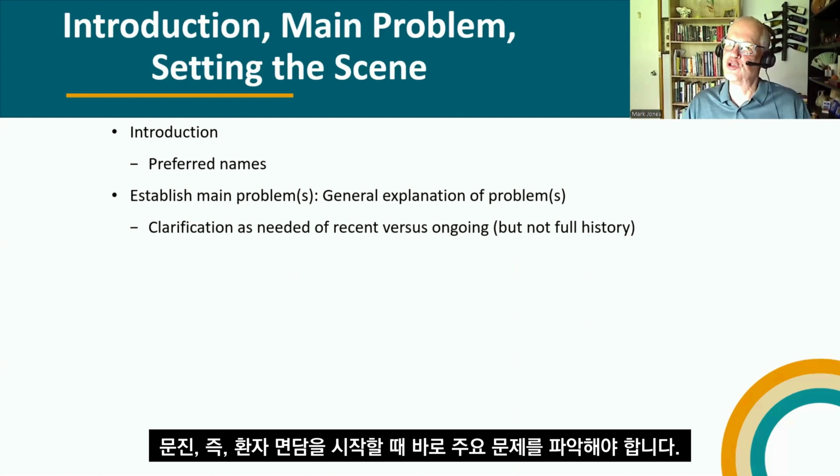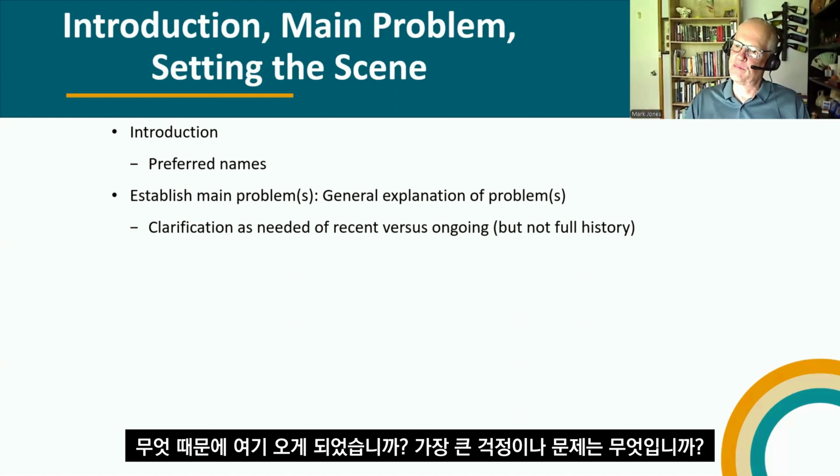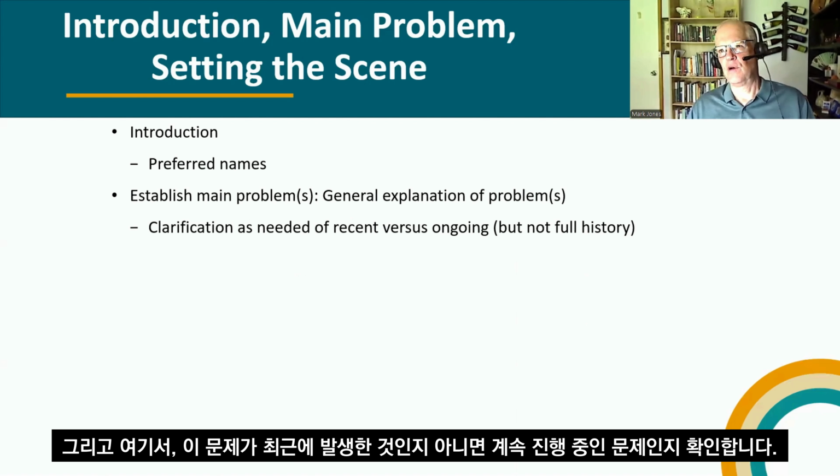Establishing the main problem should happen right at the beginning of the subjective examination or patient interview. In other words, we're going to ask the patient specifically, what is the main complaint they have? What has brought them here? What's their main concern or their main problem? Now, I may also briefly clarify, is this a recent problem, or is it something ongoing?